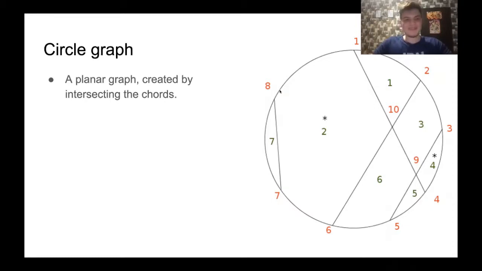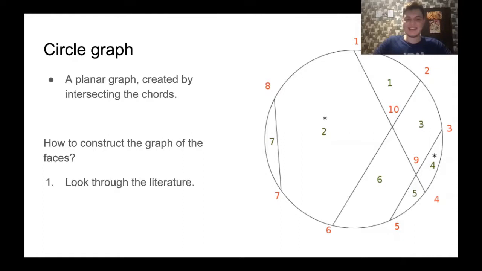It's actually studied, and if you look for this literature, there are algorithms which just construct the faces. However, you can also try and figure out an ad hoc construction for this.